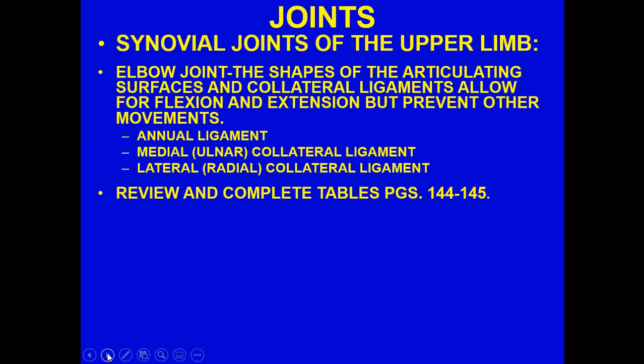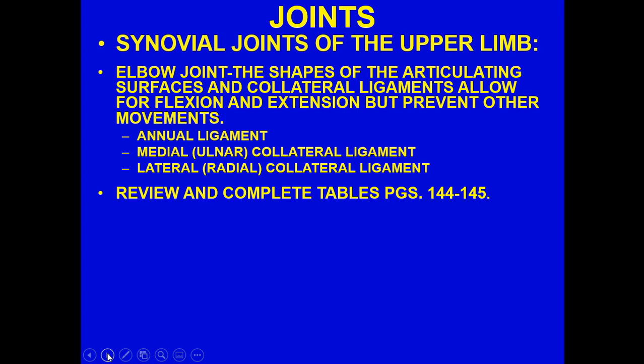Now, when we talk about the next set of synovial joints of the upper limb, we have the elbow joint. The shapes of the articulating surfaces and the collateral ligaments allow for flexion and extension, but really they prevent other movements, so you don't have it going sideways. If you see an arm that's bent sideways, there's a problem, and the patient is also going to be in a lot of pain.